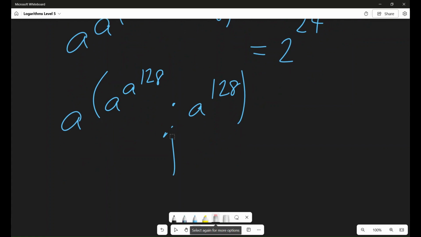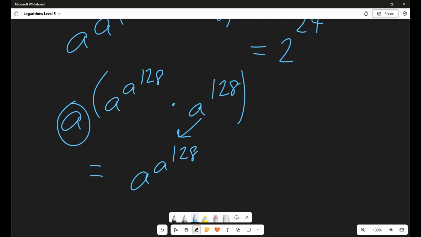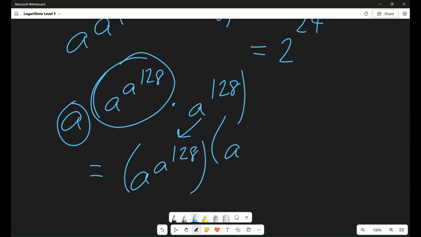And so to get rid of that, we can just convert this into a to this power. So a to the power of a to the power of 128 to the power of this. So we can take that to the exponent. And here we notice that the base and the exponent are actually equal.